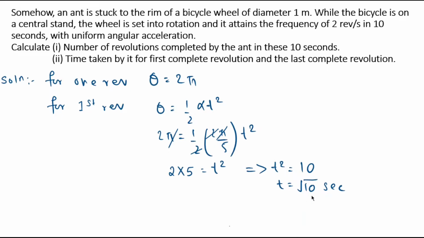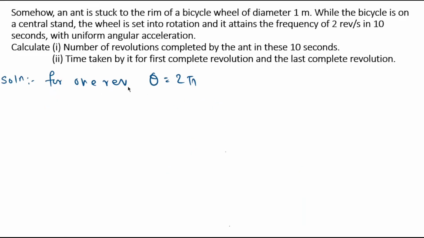Now, in order to calculate the last revolution, we know the time for all the 10 revolutions, that is 10 seconds. We can calculate the time for 9 revolutions, and if we subtract the time required for 9 revolutions from the time required for 10 revolutions, we get the time required for the last complete revolution. So we know that for one revolution theta is 2 pi.